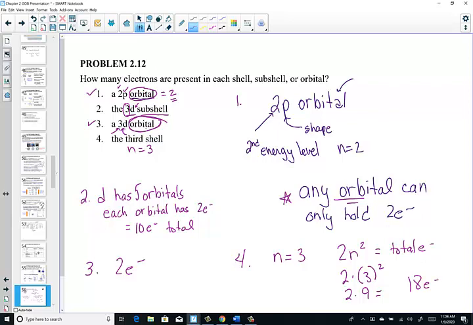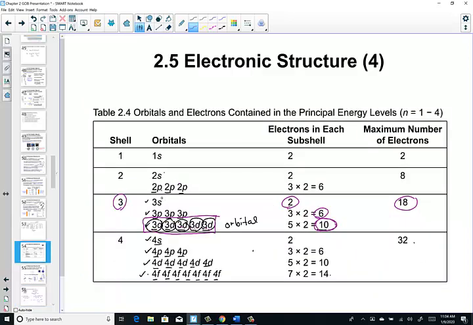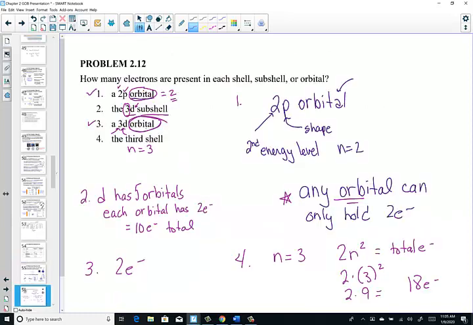In n equals 3, you will have 2 in the S, 6 more in the P-shaped clouds, and 10 more in the D-shaped clouds. 2 plus 6 plus 10 gives us 18 total electrons in that third energy level, and then it's full. We go down to the next subshell then.